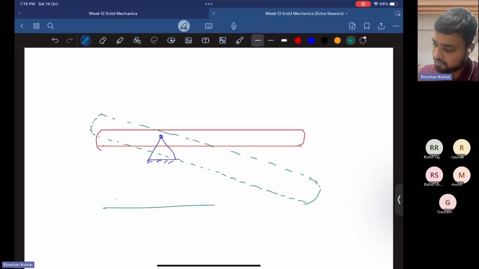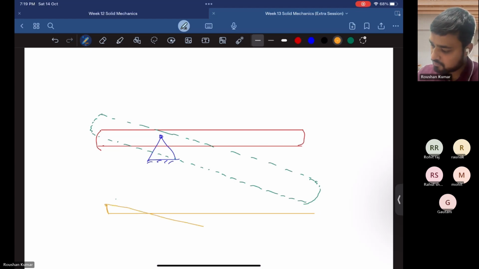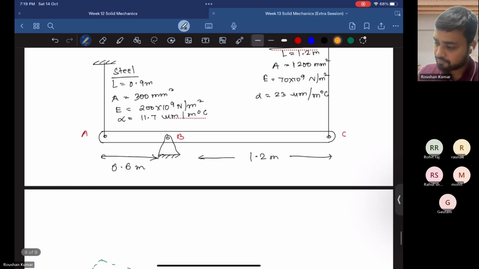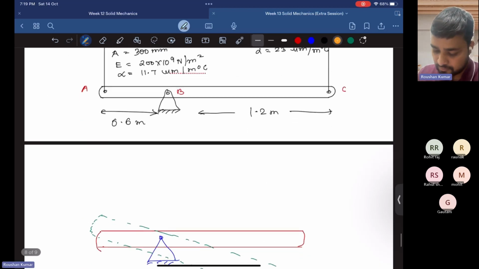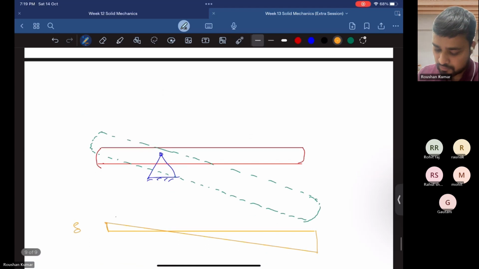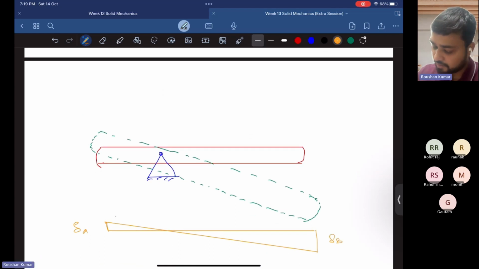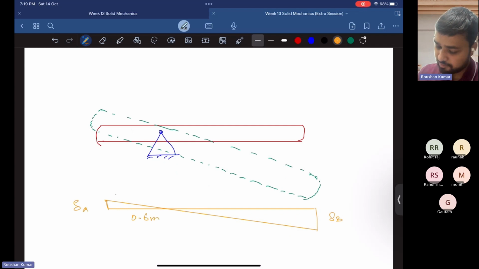If we draw it in a straight way, it will be like this. So this is delta of point A, or delta of the steel, and this is delta of B at point B. This length is given as 0.6 meter and this is given as 1.2 meter.